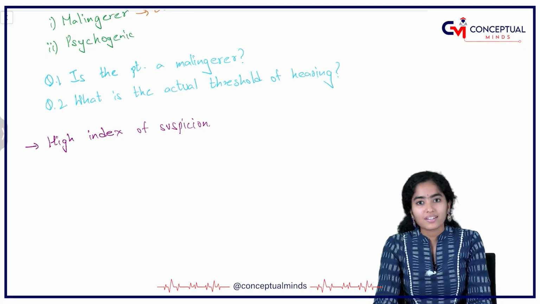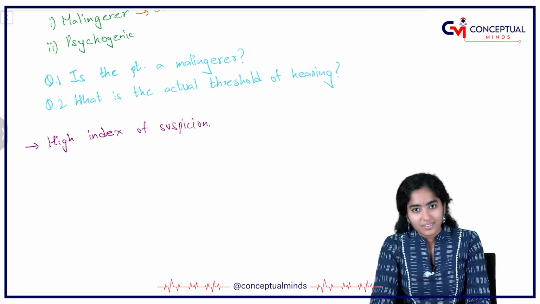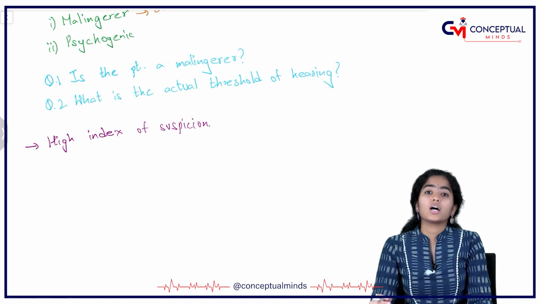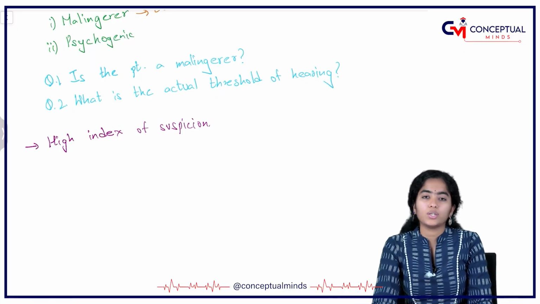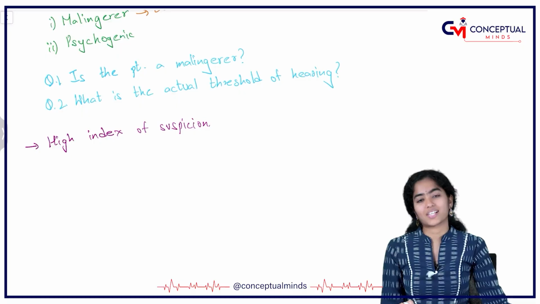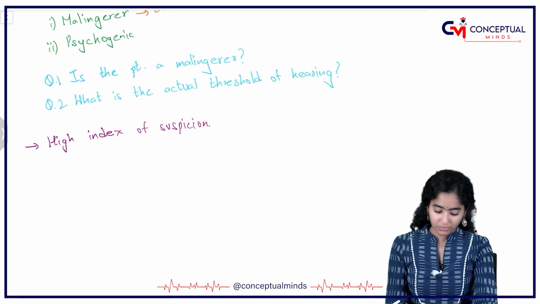Now, every person who cups his auricle is not a malingerer, but these are some traits that are seen which should arouse a suspicion in you as a doctor. So, we must have a high index of suspicion. Looking at the behavior of the patient will give us a clue.